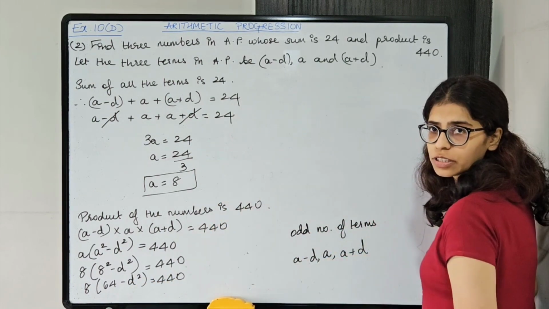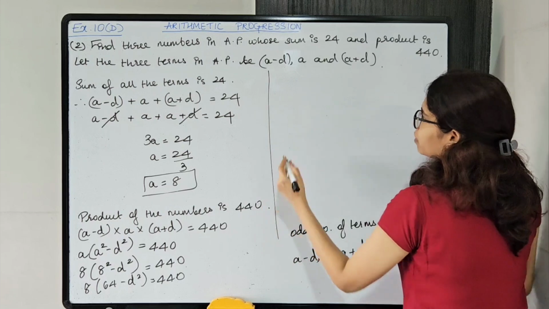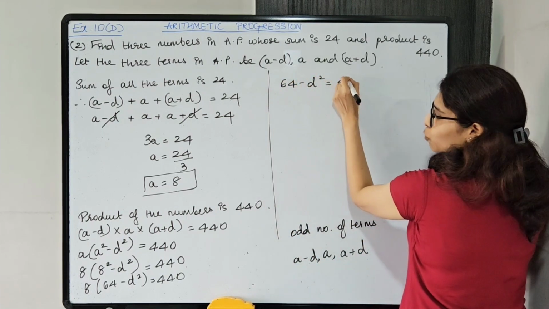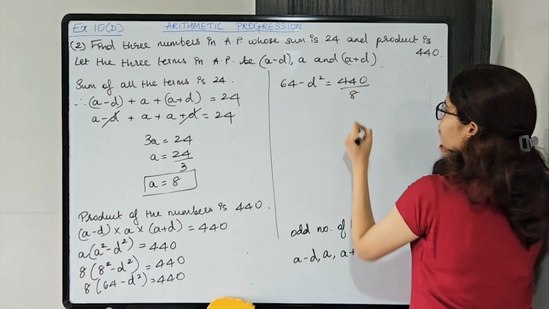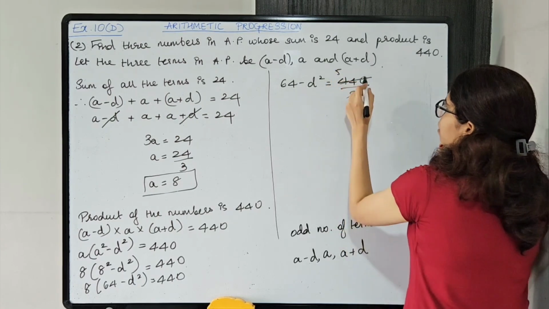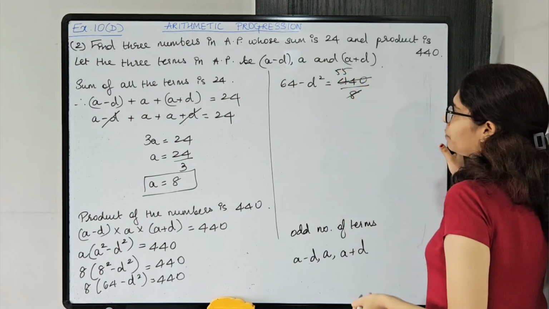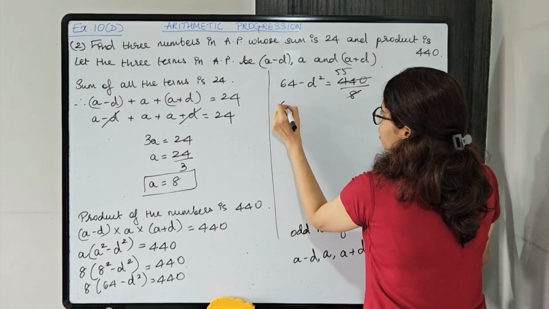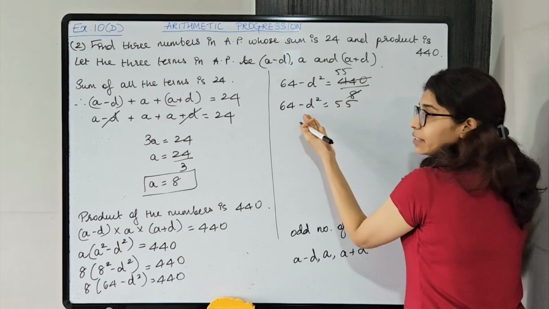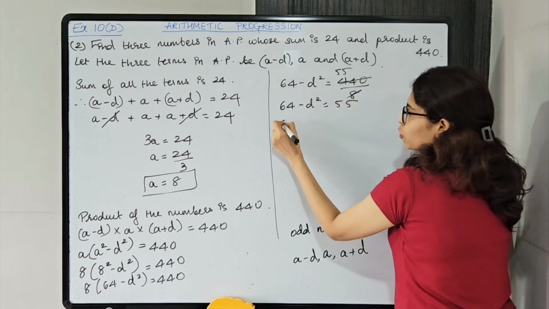Wait, 8 को शिफ्ट करते हैं on the other side. Okay, so 8 into (8 square minus d square) is equal to 440, so 64 minus d square is equal to 440 upon 8. So 8 5s are 40, again 40, so 8 11s are 88, okay. So 64 minus d square is equal to 55. Let's shift d square over here and 55 on the other side.